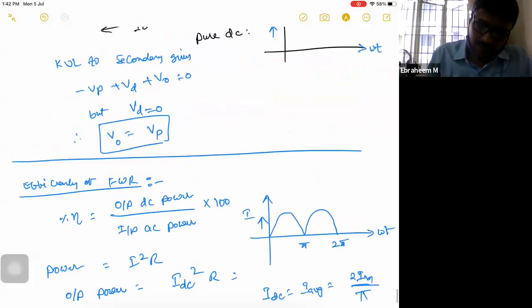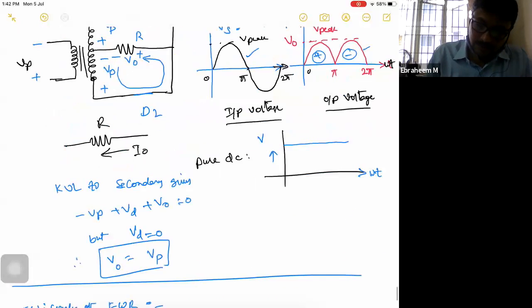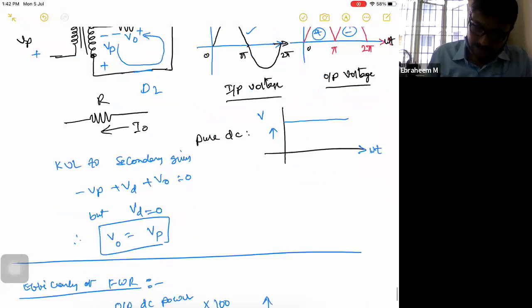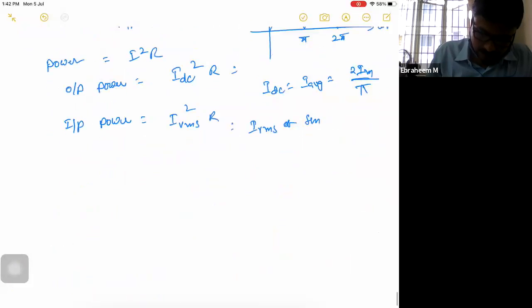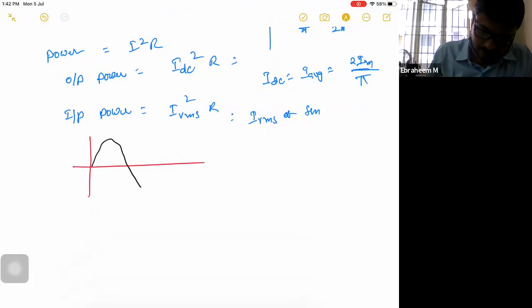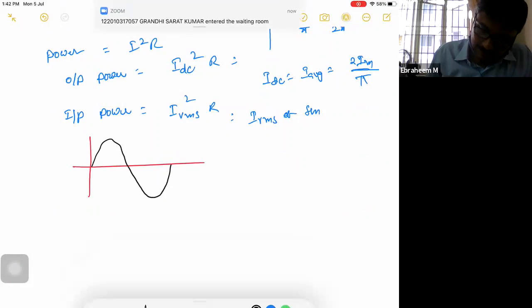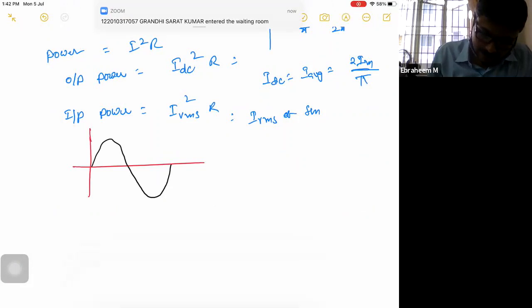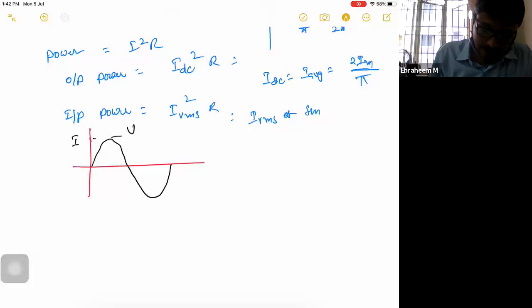The input waveform is this one, a sinusoidal voltage waveform, with peak, pi, 2 pi, and this is omega t.